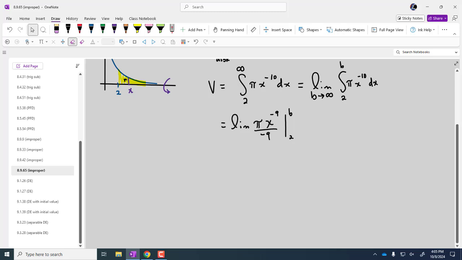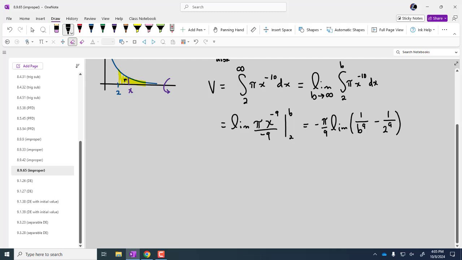So let's factor out the negative pi ninths so that we're just dealing with the minimal part of that quantity. We're going to b to the negative 9, which is 1 over b to the 9, minus 2 to the negative 9, which is 1 over 2 to the positive 9.